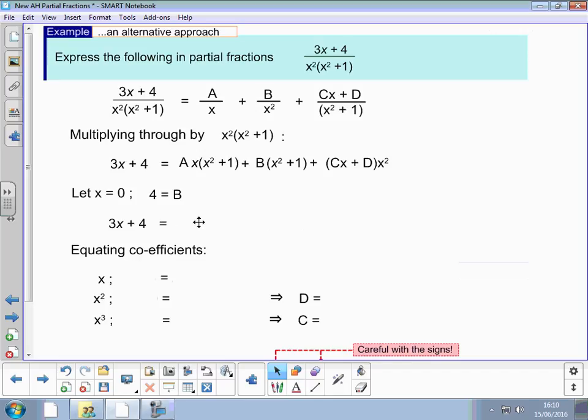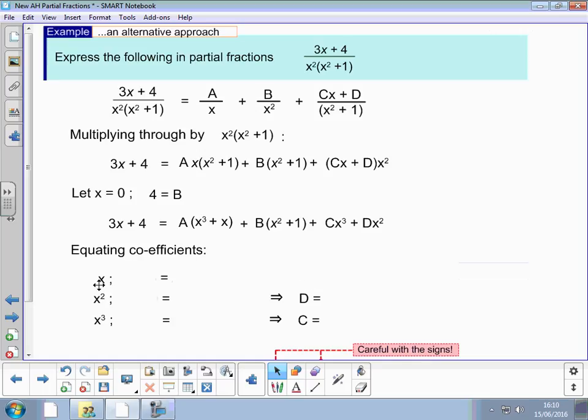There's a little step in here just to try and make that easier to do, just multiplying out this stuff. So when we do that, the a term becomes a times x cubed plus x. I've just multiplied these brackets. The b term doesn't change. And here, if I multiply through by the x squared, I get cx cubed plus dx squared. And that'll just make the next bits easier to spot the coefficients.